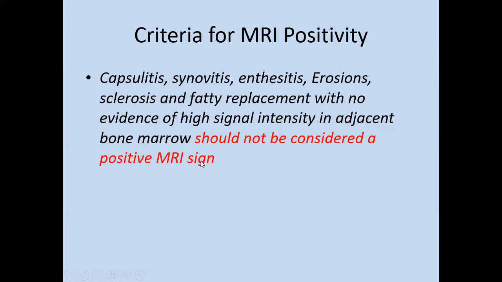They may be considered as chronic sacroiliitis or chronic disease, but they are not part of a positive MRI for active disease. The only feature that is considered useful for calling it active disease is the high signal intensity, the edema, or the osteitis. That's the only imaging feature on MRI. The rest is not considered positive.